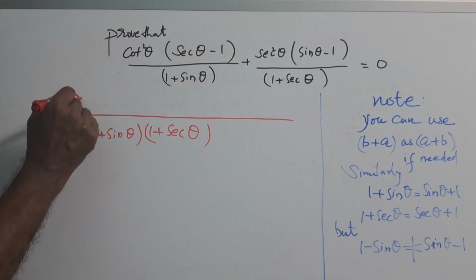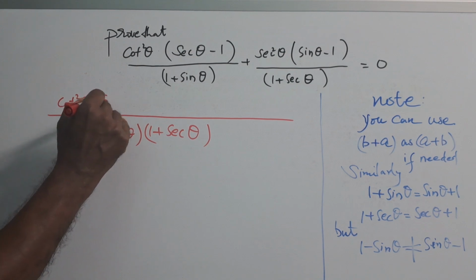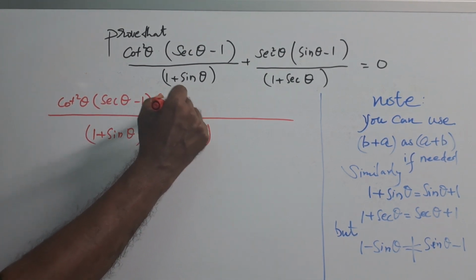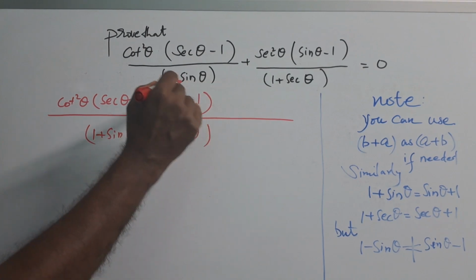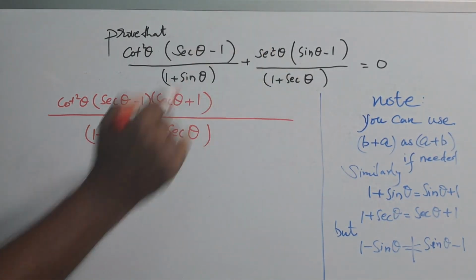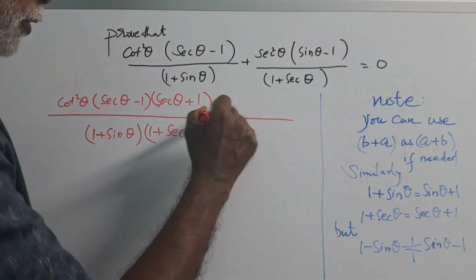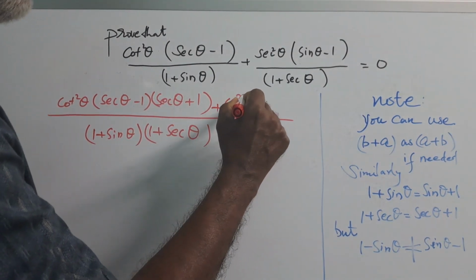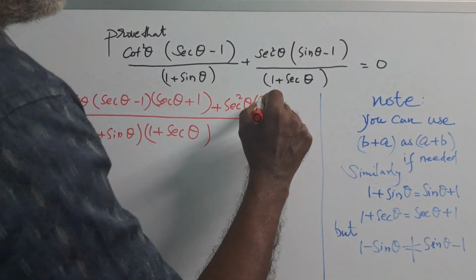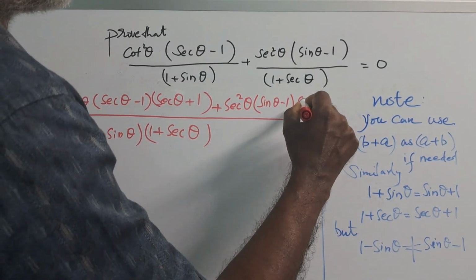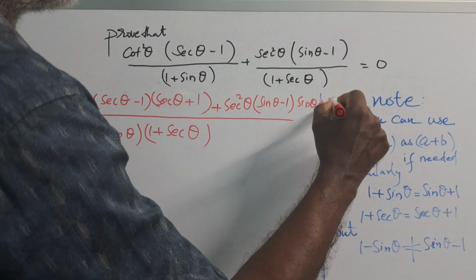So cot square theta into (sec theta minus 1) into (sec theta plus 1). Instead of 1 plus sec theta, I have written here sec theta plus 1, plus sec square theta into (sin theta minus 1) into (sin theta plus 1).